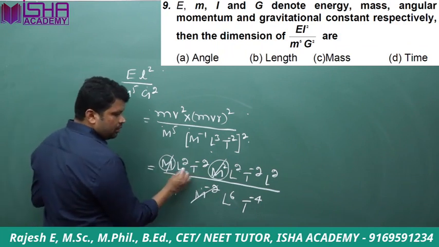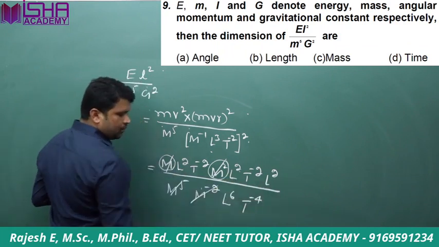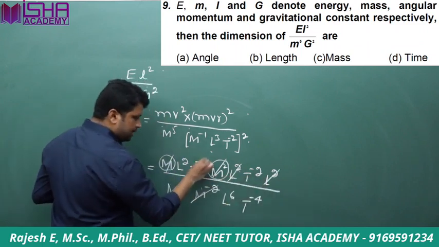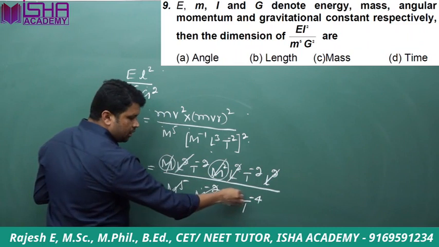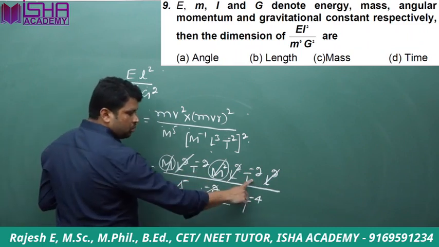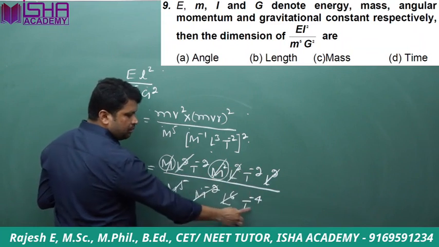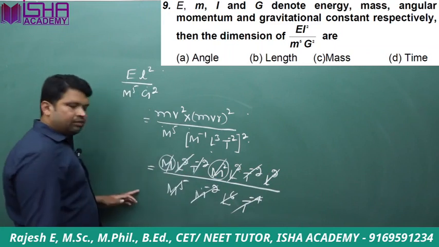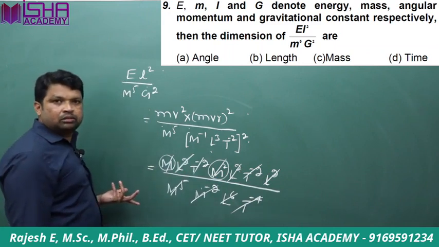This is L square. In the numerator we have L power 6, which cancels with denominator L power 6. So this is T power minus 2, T power minus 2. This is T power minus 4, T power minus 4 cancels. What is left? Nothing. No dimension.